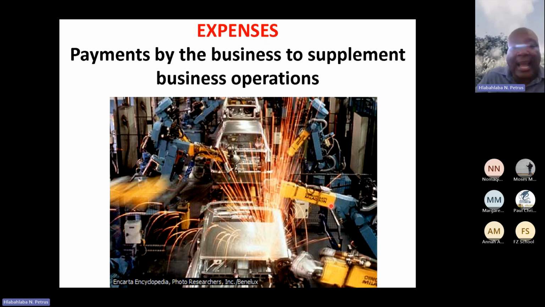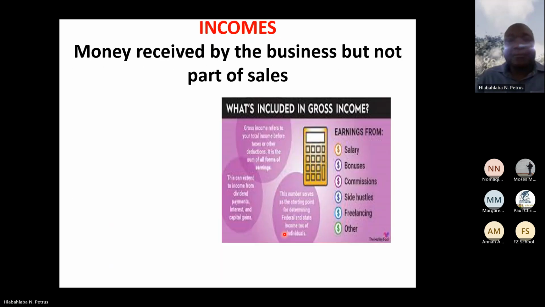The electricity that is used here so that this robot can function also forms part of an expense, because without that electricity, we won't have this robot functioning. So we must pay that electricity so that these robots can function.